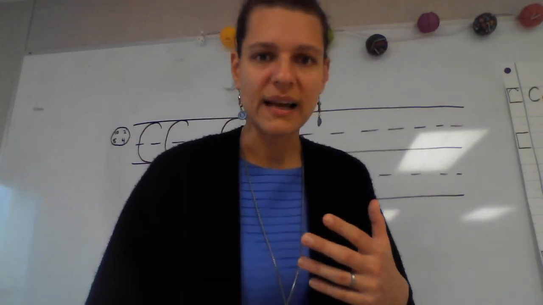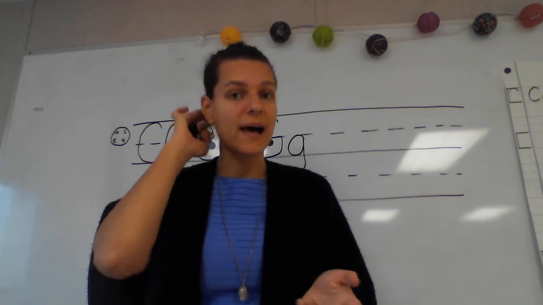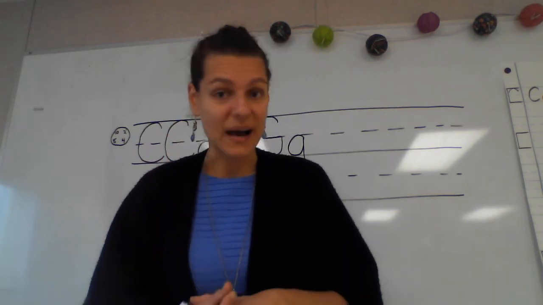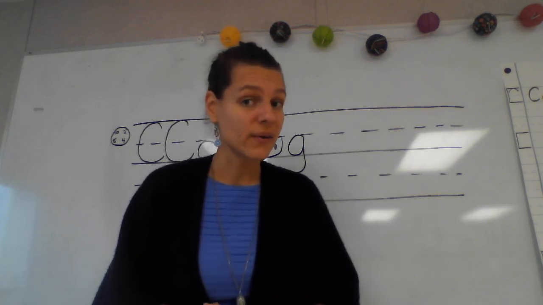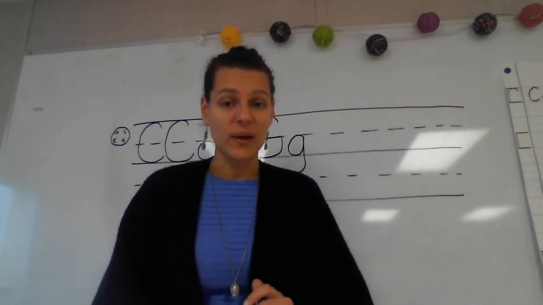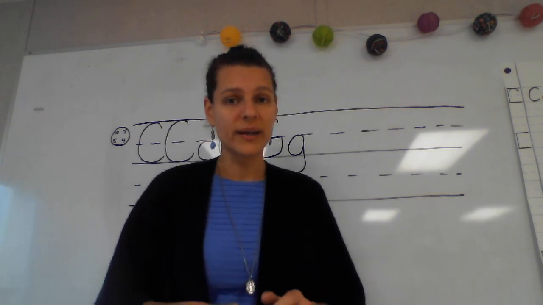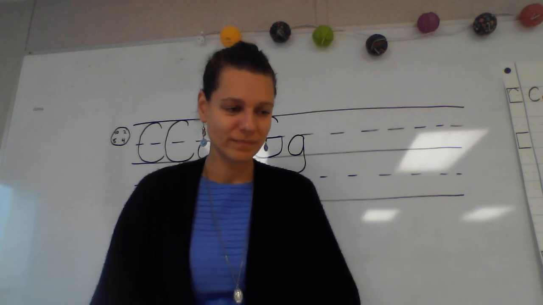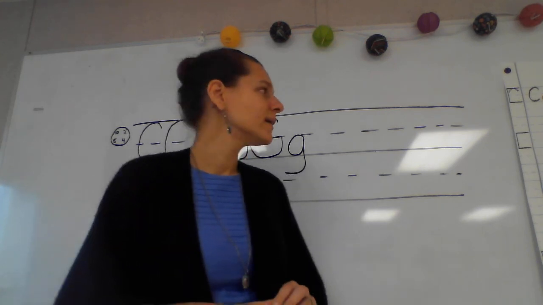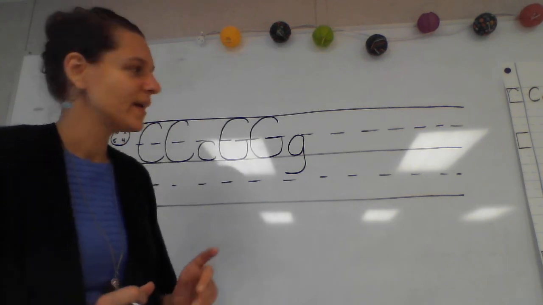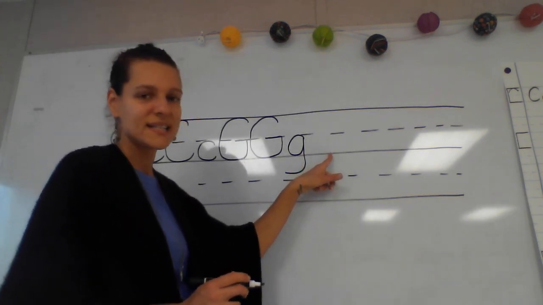But while we have a minute, let's go ahead and practice our ow that we learned earlier. Class, what are we going to write? Very good, ow. So try and remember, and then write it and say it while you write it. All right, so I'm going to skip a space.